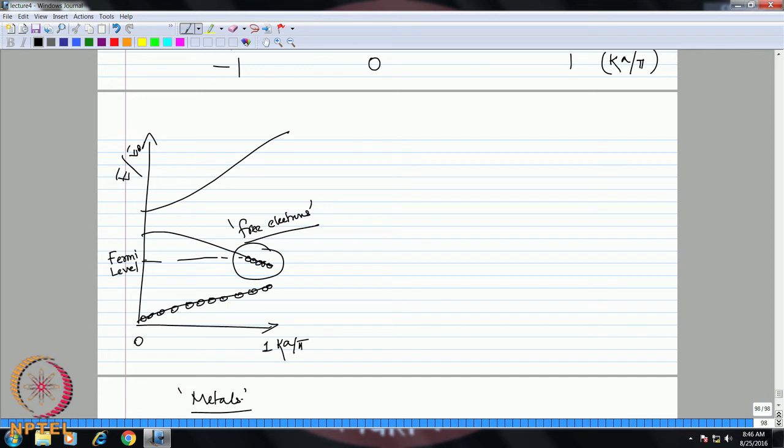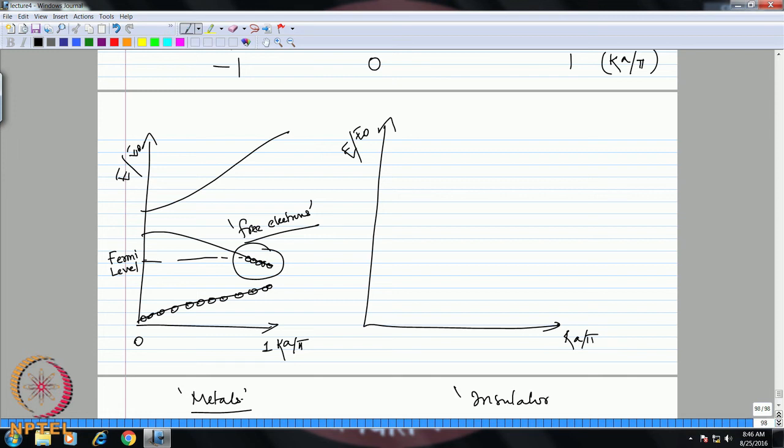Now, if you go to the case of an insulator, you can draw another one. E by E naught, kappa A by pi. Now we are going to describe how these states are filled.